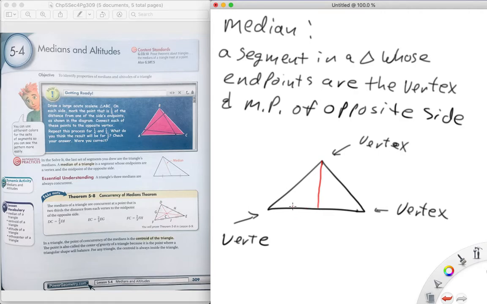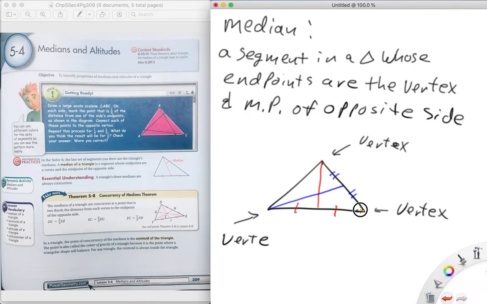And as I draw it down, it's going to be the midpoint of the opposite side. So what's opposite of this vertex? This guy here. So those two guys are midpoints, and I have one guy here. I draw it this way, and then these two guys are the midpoints here. So vertex, opposite side.